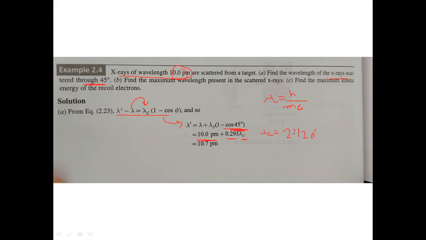So by putting the value, we get 10.7 picometers. And now taking the next question. The next question is: find the maximum wavelength present in the scattered X-ray.